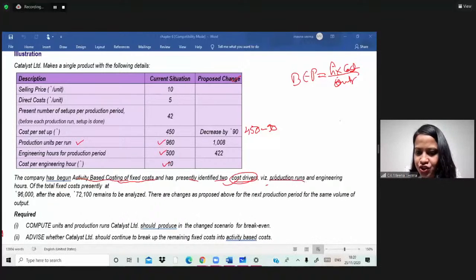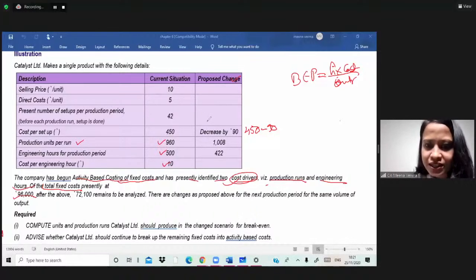The production run and the engineering hours. Now the total fixed cost of the organization is 96,000. See, this value will be 360. I'm writing it here. This value 450 minus 90 will be 360.